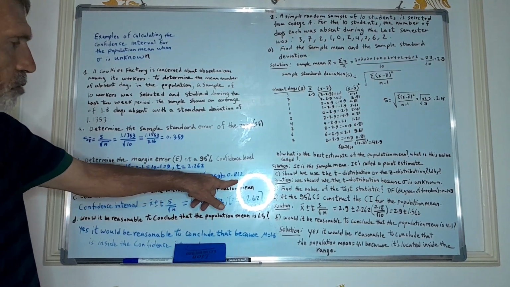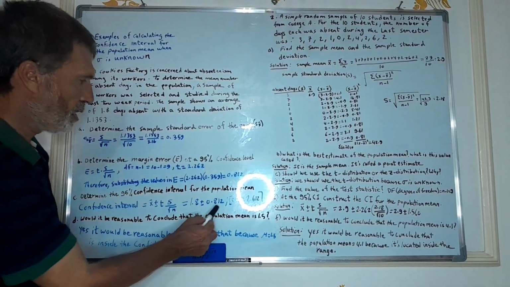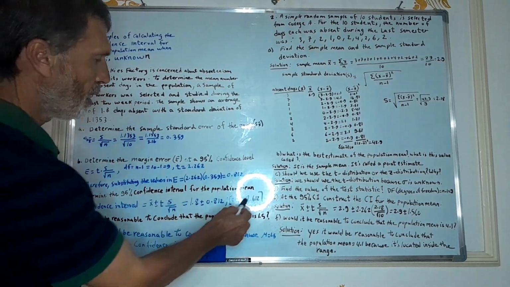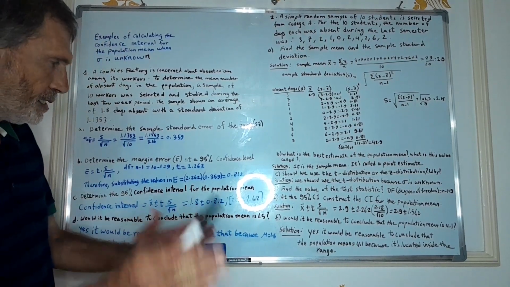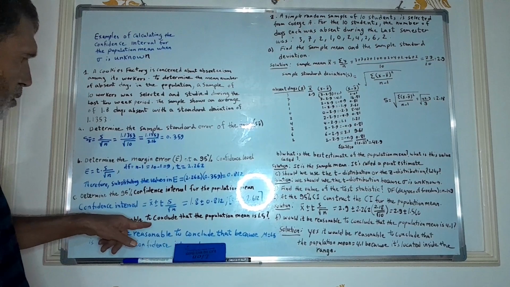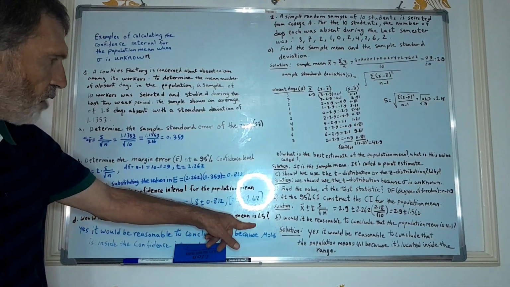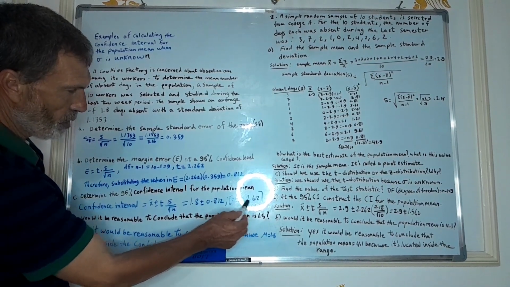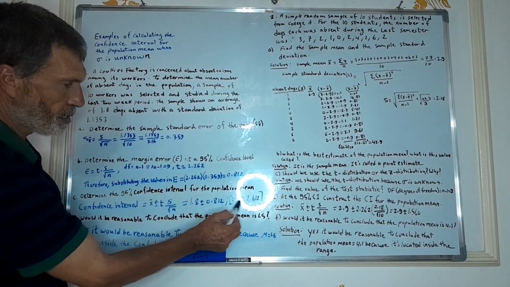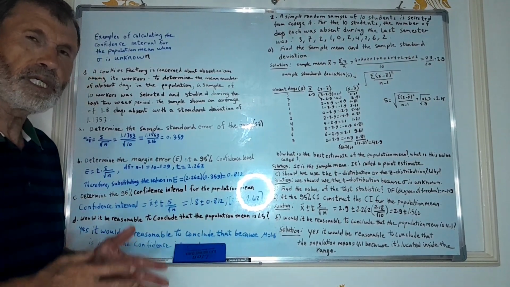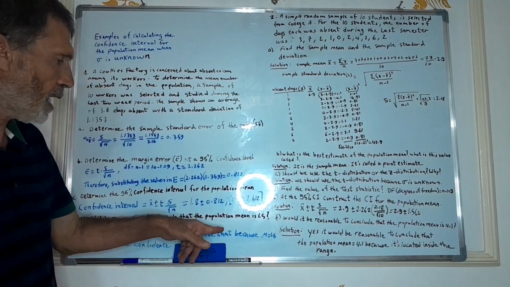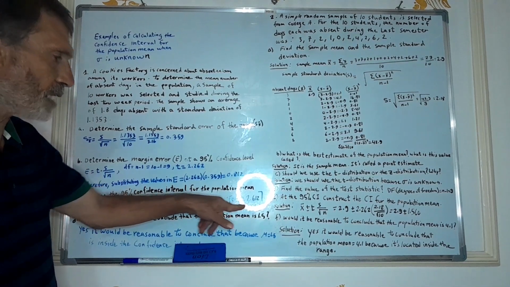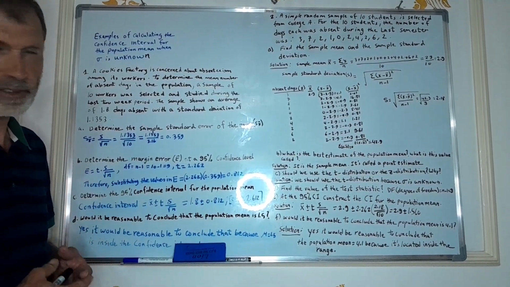This is the range, the interval between 0.99 and 2.612. Now, would it be reasonable to conclude that the population mean is 1.5? As you can see, 1.5 is within this range. Therefore, yes, it would be reasonable to conclude that the population mean of 1.5 is inside this confidence interval.